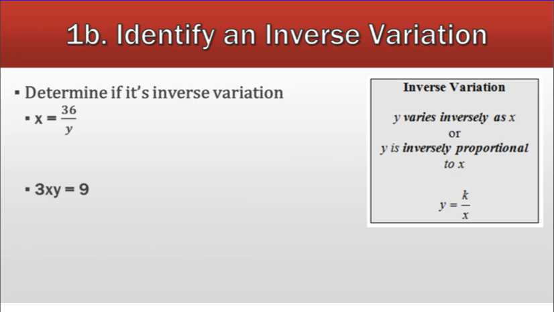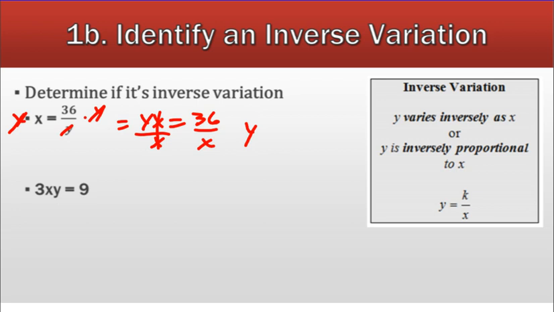Next slide, determine if it's inverse variation. So I solve for y. I don't want y in the denominator, so I'm going to multiply by y first on both sides. So now I have yx equaling 36. And now I can solve for y by dividing by x on both sides.